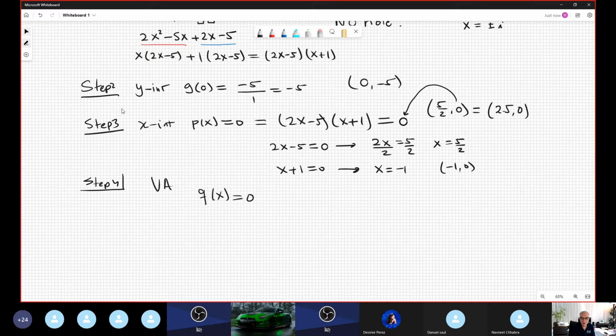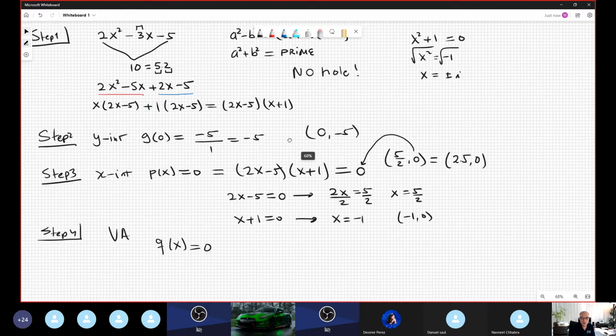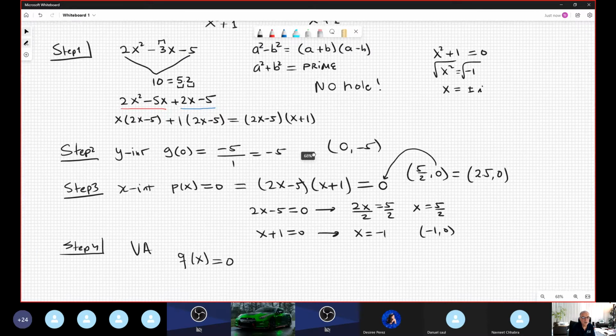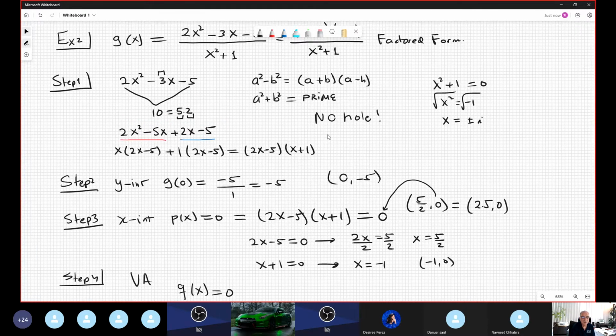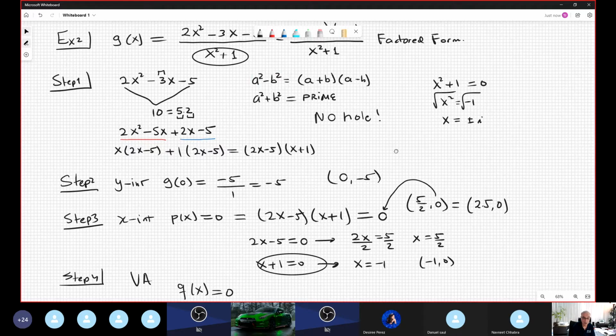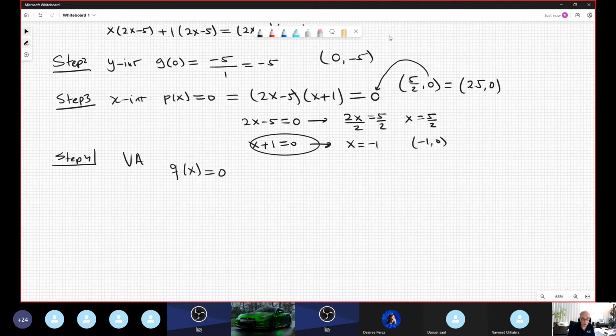I don't remember. Look at that, this guy. Oh, but I did that. I put it here equal to 0, and the answer was imaginary or complex. That means that our function has no vertical asymptote.